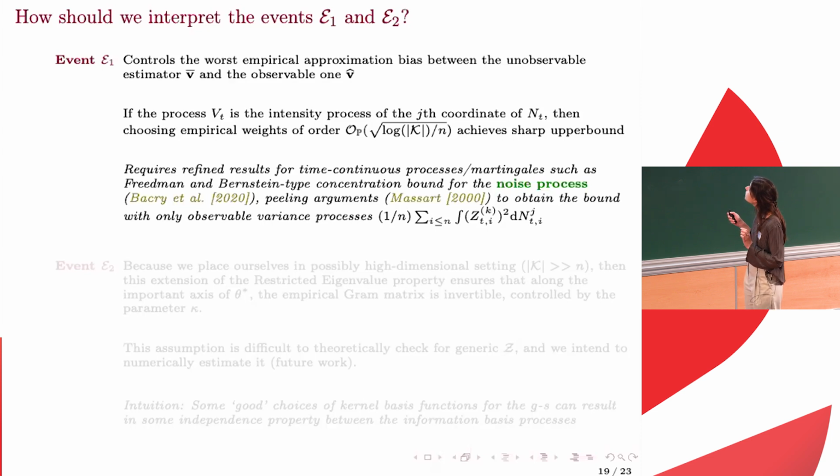So if the process V is the intensity process of the j-th coordinate of a counting process, then we can choose the weights of order square root of log of the size of my dictionary divided by n to achieve a sharp upper bound. And we can explicitly have the probability of the event E1, okay? And I've added some information about how to obtain those results.